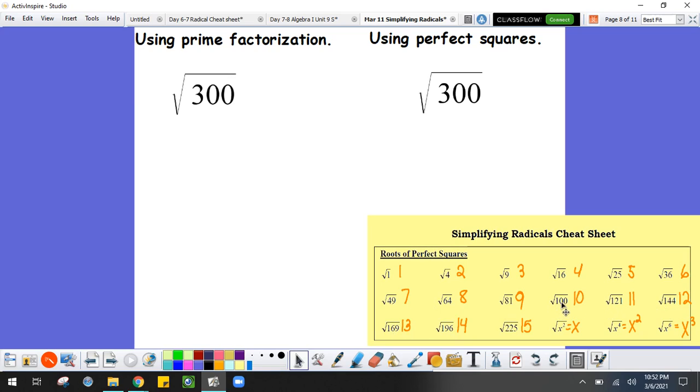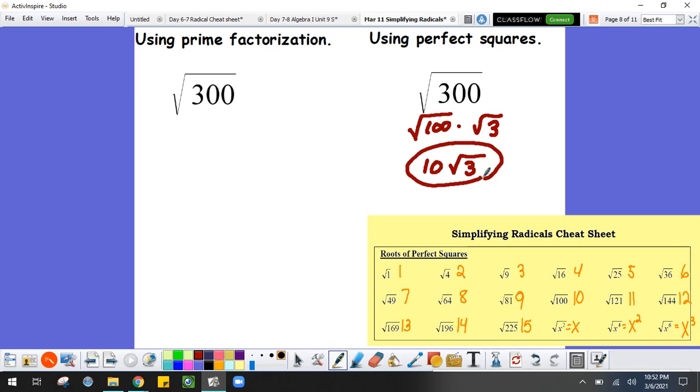No. 100. 100 times 3. That's easy. So I'm going to rewrite this as the square root of 100 times the square root of 3. And I'm going to say the square root of 100 is 10. Then radical 3. So that's my answer.